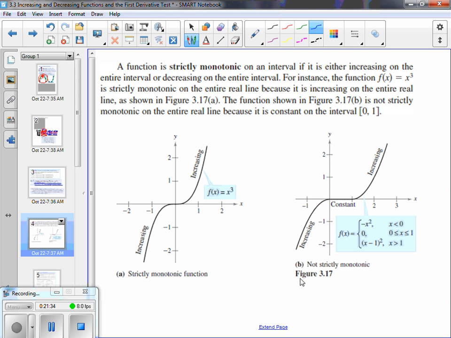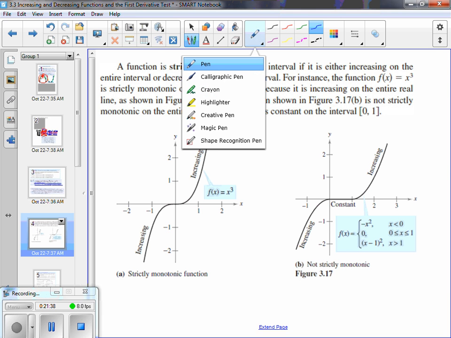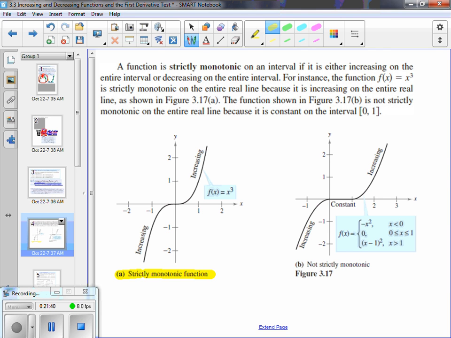So this graph on the left here is the graph of a strictly monotonic function because that graph is always increasing. Now the one on the right, even though it never decreases, isn't a strictly monotonic function because it's constant there for a while.